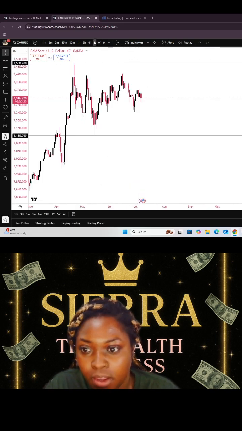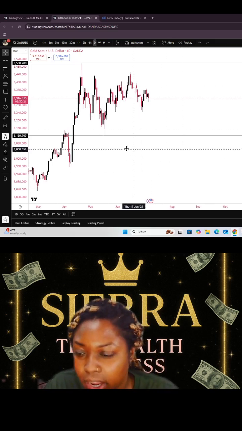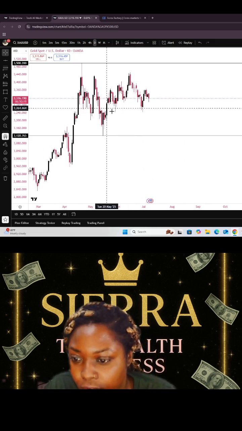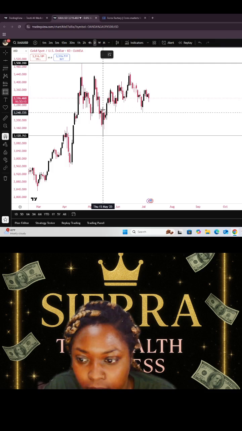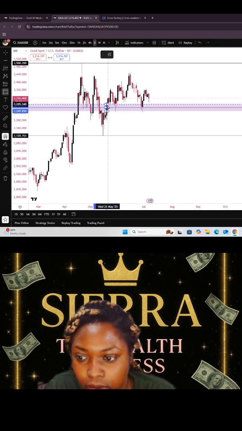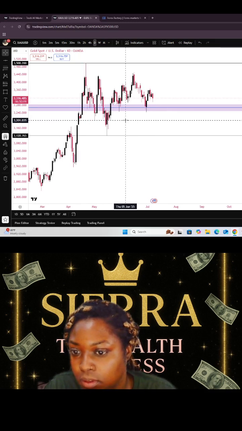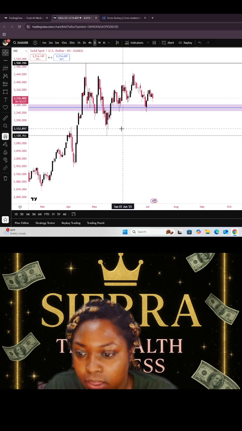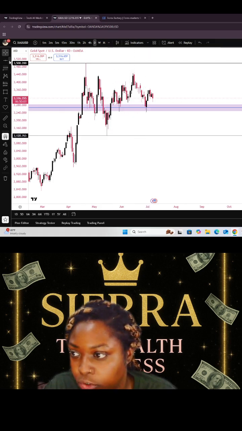Okay, now I'm going to come to this daily, and here on my daily I have a fair value gap right here that gave me these 2 rejection points here, so I am going to mark that up. All right, and then I have rejection here and rejection here, so I'm going to put a trend line there.